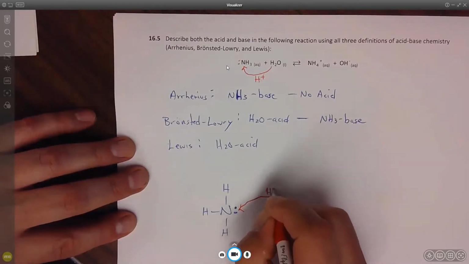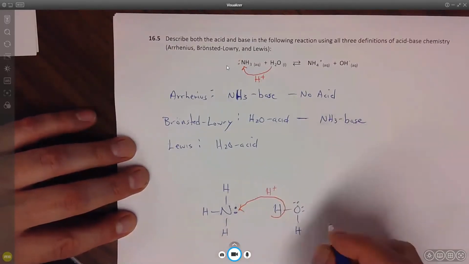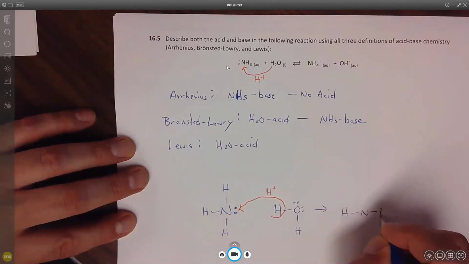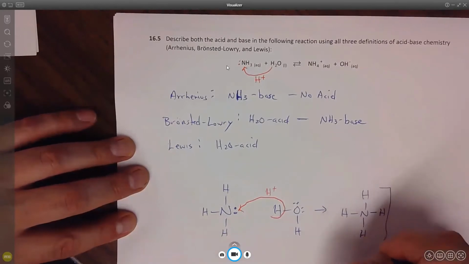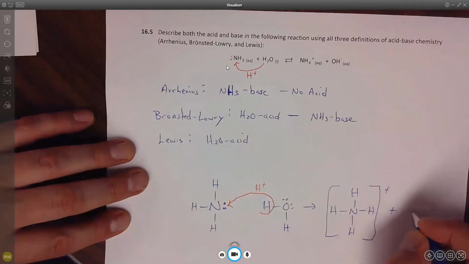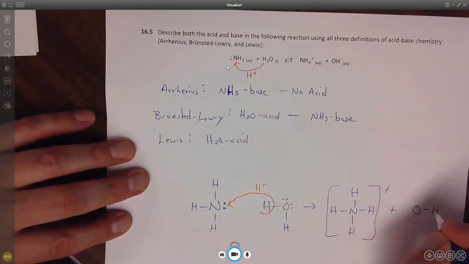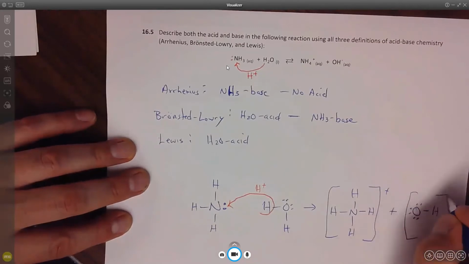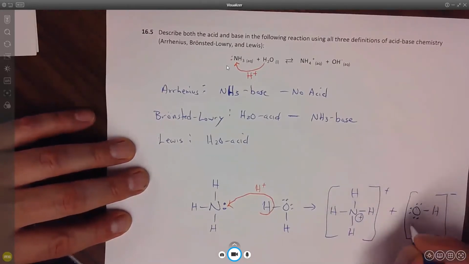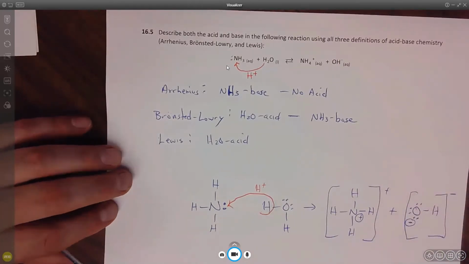So this left is H plus. And then we now have this, where this has a +1 formal charge and this has a -1 formal charge, thus the charges on the ions.